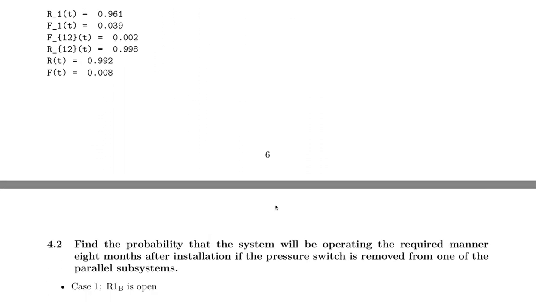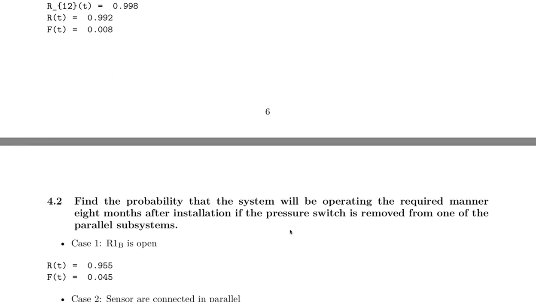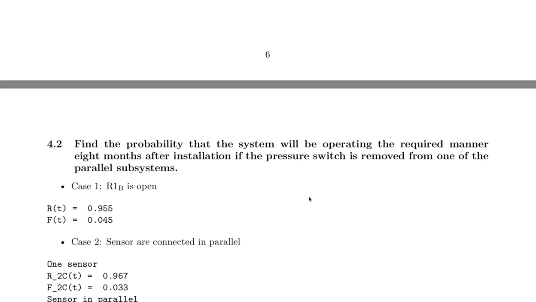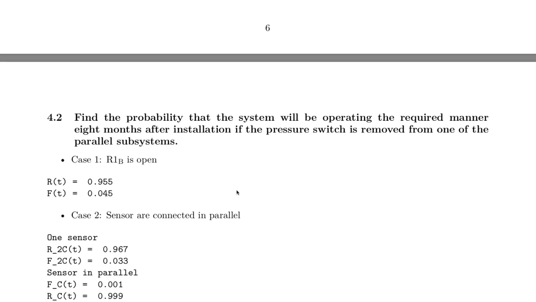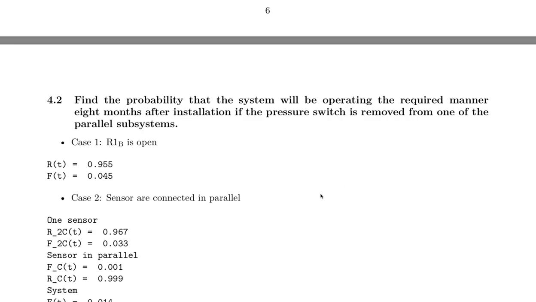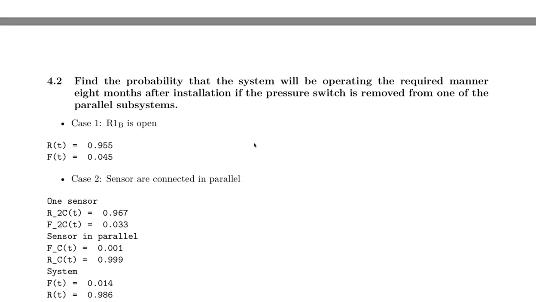So the second one would be: find the probability that the system will be operating in the required manner 8 months after installation if the pressure switch is removed from one of the parallel subsystems.